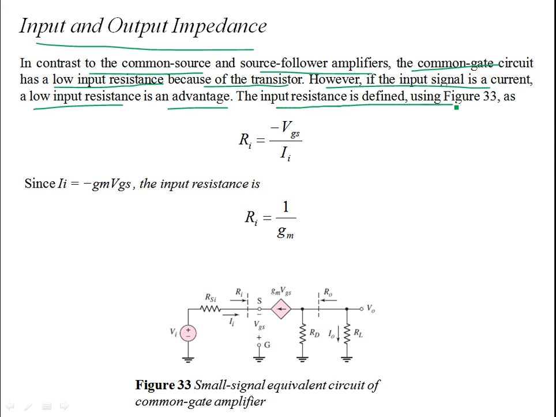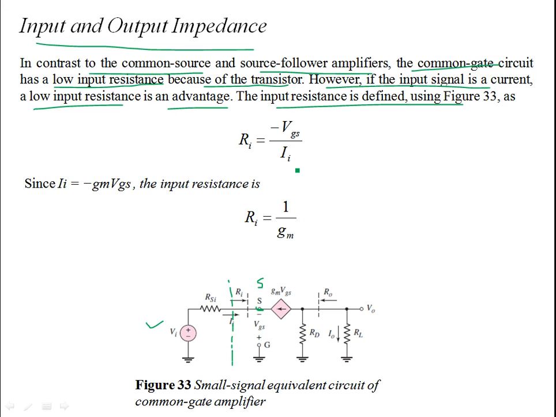So the input resistance is defined using figure 33. Over here, if you bring back that Thevenin equivalent circuit of the source, in terms of II, RSI, VI, you can write RI since at the source terminal, the voltage is minus plus, given the polarity, VGS. So RI is given by minus VGS over II.